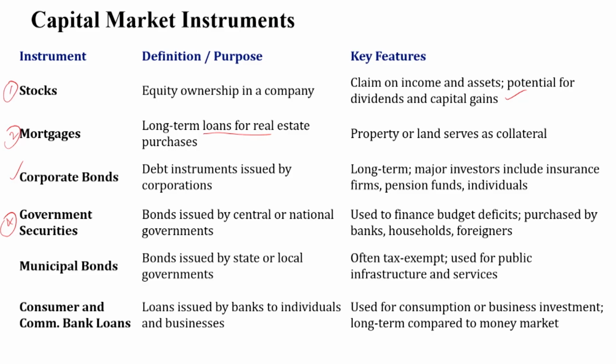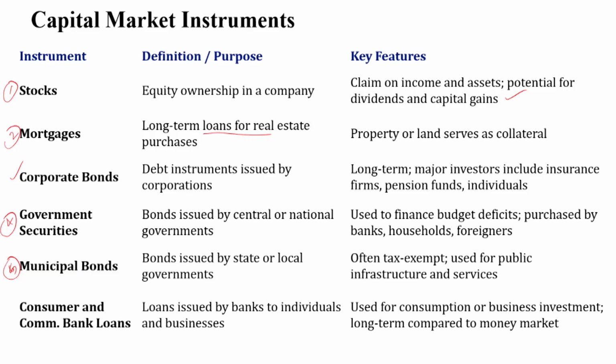Then, another one is municipal bonds, mainly issued by state or local governments to finance public infrastructure projects like schools, roads, and hospitals. A key feature is that they are often tax exempt, which makes them attractive to certain investors.